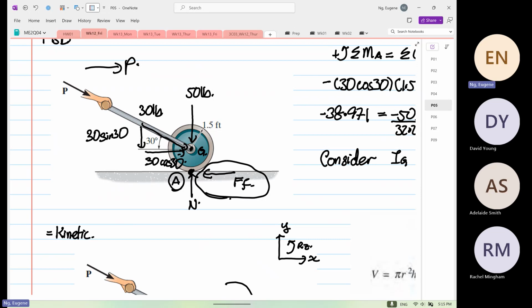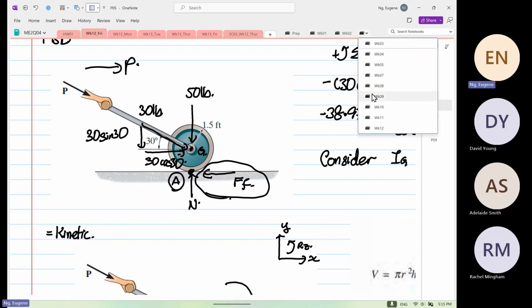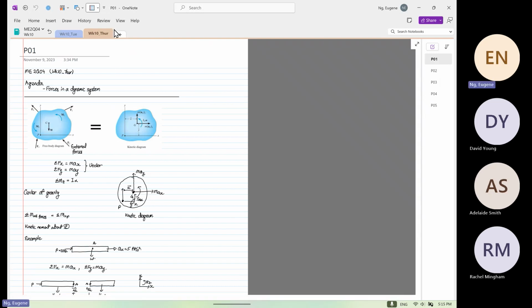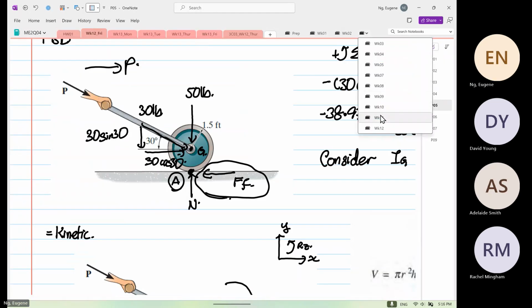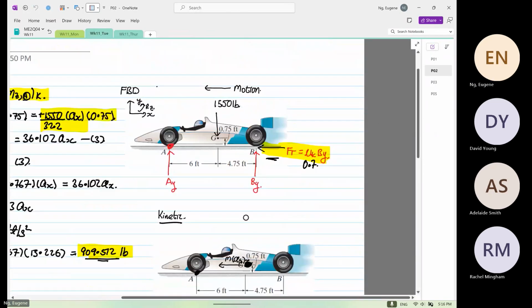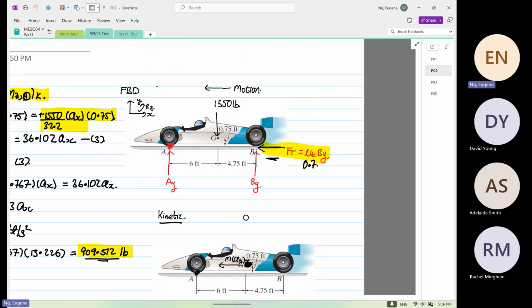Okay, let me give you an analogy again. If we go to our car example, where's the car? Right? Motion is going towards the left. How the wheels are rotating, the friction is in the same direction. Agree?